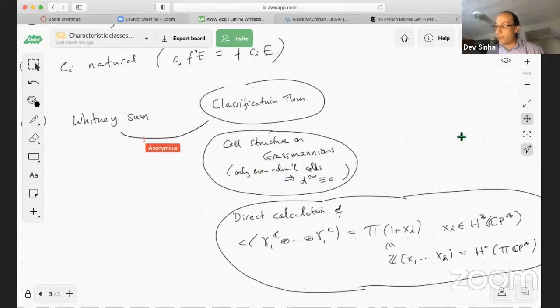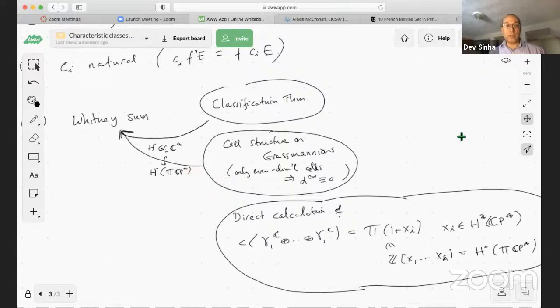Use the classification theorem to reduce it, as well as the cell structure on Grassmannians, which tells you that the map from the Grassmannian of n-planes in C infinity injects into the cohomology of a product of CP infinities, once again as symmetric polynomials.